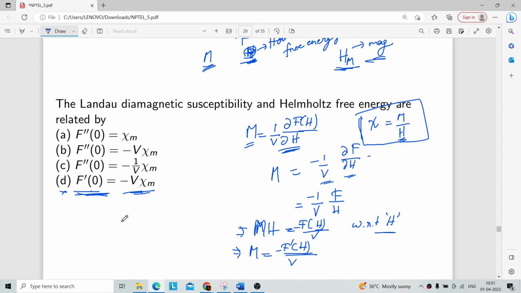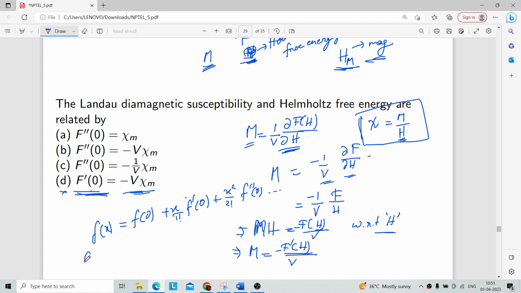We can use a Taylor series: for a function f of x, it will be f of 0 plus x by 1 factorial f prime of 0 plus x squared by 2 factorial f double prime 0, and so on, right.